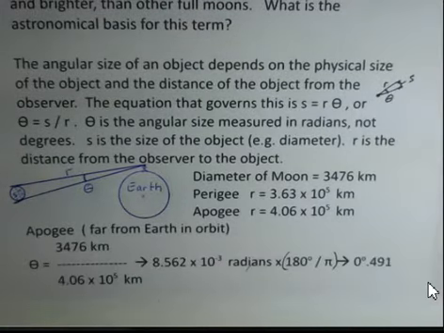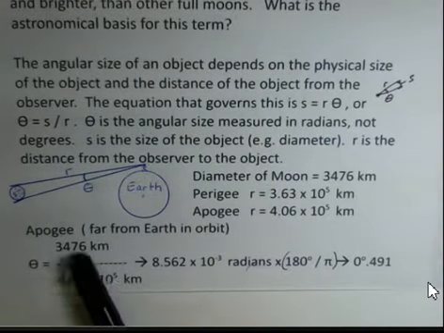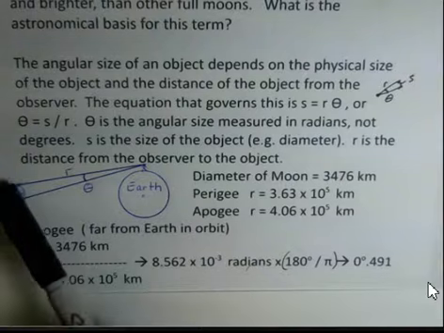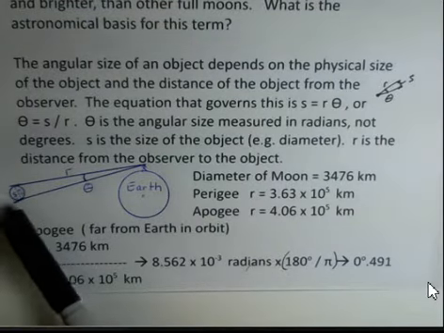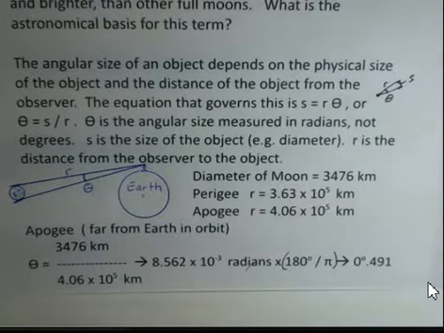We won't go into all those details, but calculating now the angular size of the moon when it is far from the Earth in its orbit. So I put in the moon's diameter, the 3476. It's not the arc of a circle, it's a straight line, but at the distance of the moon from our observer here, that's a very minor correction.